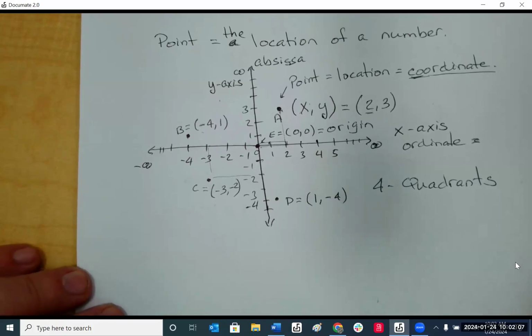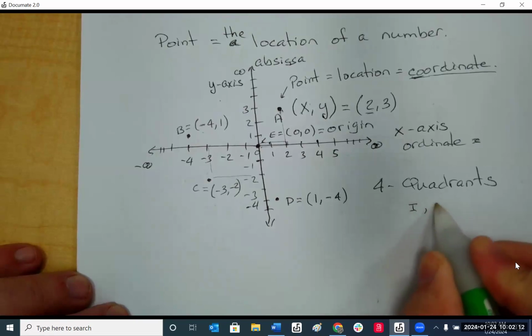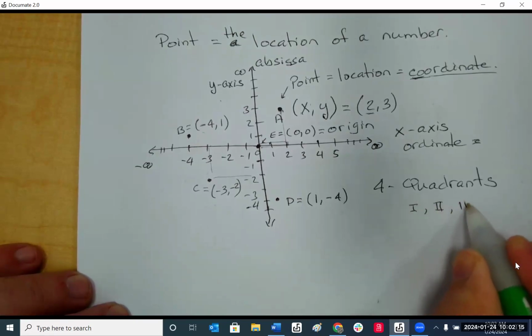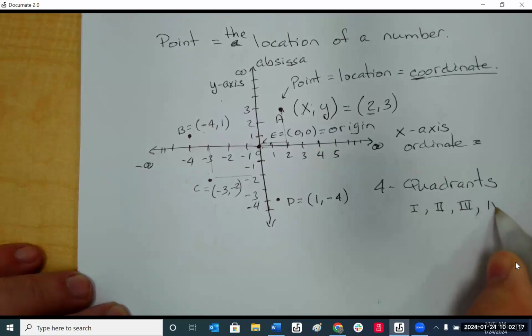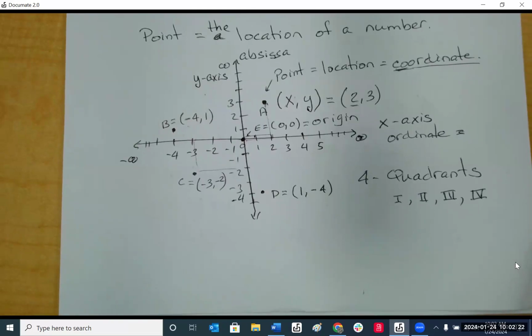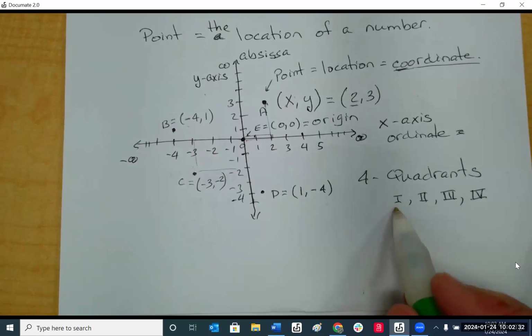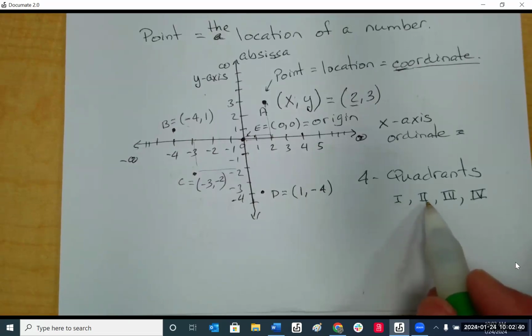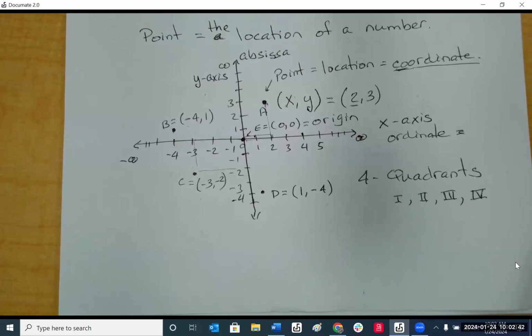When we name the quadrants, we use Roman numerals. 1, 2, 3, 4. If we were to name these 4 quadrants today, where would 1 be? Top left. And then 2 would be top right. And yeah, we'd go clockwise.